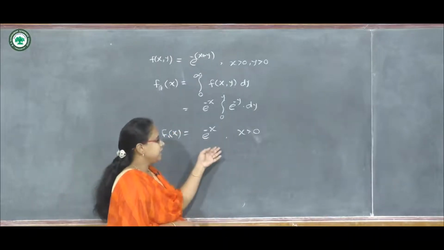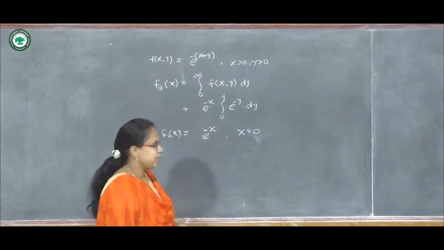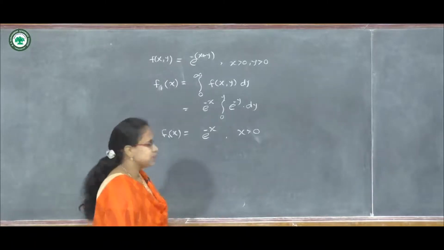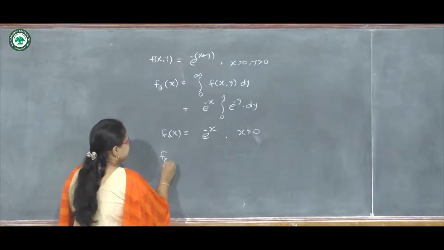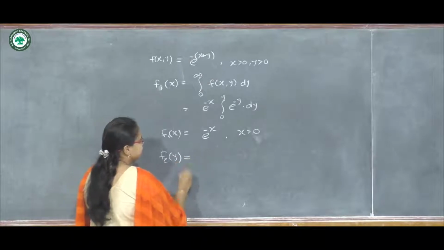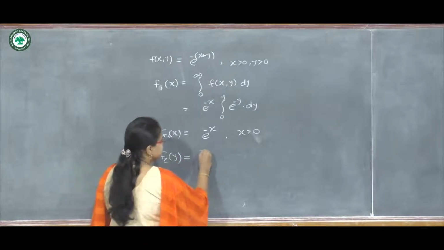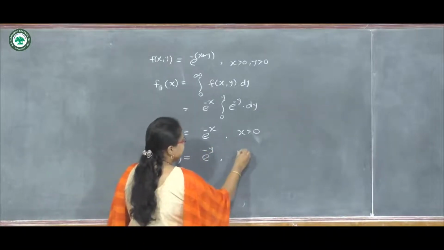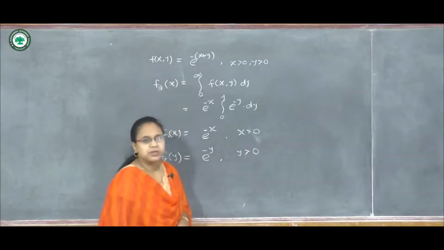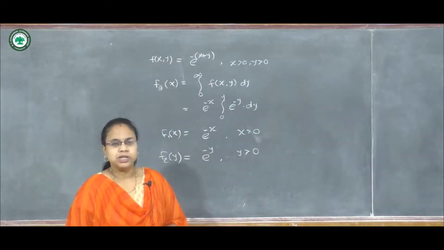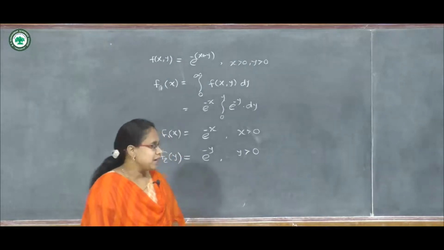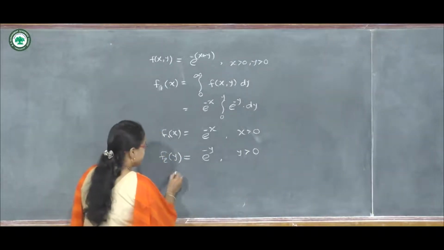After solving this integration, this example was already covered in my last lecture. Similarly, we can find the marginal distribution of Y, which is e raised to minus y for y greater than 0. So these are the marginal distributions. Let's check whether they are independent or not.